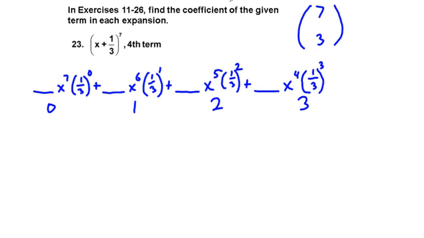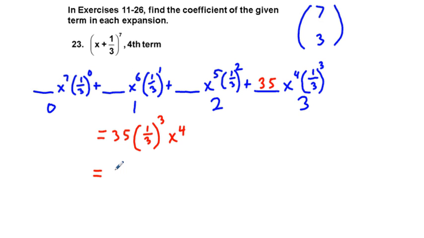So here we have 35, and so our answer is going to be this. We will have 35, and we're going to have 1/3 to the 3rd power, and that'll be x to the 4th.